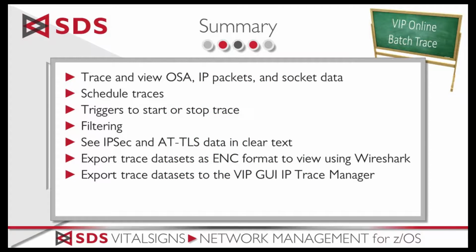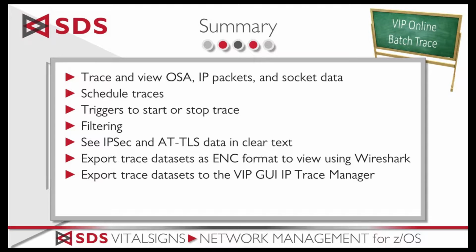So in summary, the VIP batch trace offers valuable features not available on the VIP GUI packet trace, including gathering socket data and OSA traces so you can see the traffic at various layers of the TCP/IP stack, setting the dates and times to start and stop a trace, specifying triggers to start or stop a trace, additional filtering so you can only view the packets of interest to you, and if authorized, seeing IPsec and ATTLS data in clear text.